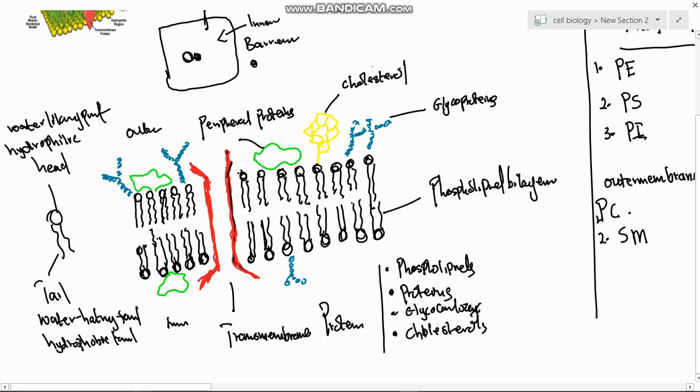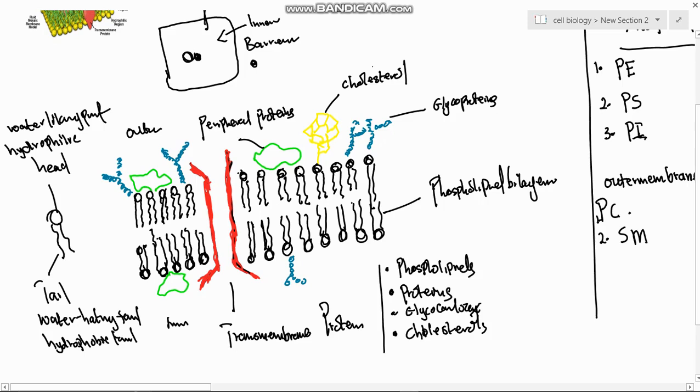Both sides contain fluid, and since the head is water-loving, it is therefore designed to face either the outer or the inner, the place that contains fluid, or the aqueous place. So that is what makes the phospholipid bilayer have both a hydrophilic head and a hydrophobic tail. This is a characteristic that we have to notice. The head is the water-liking part and the tail is the water-hating part.